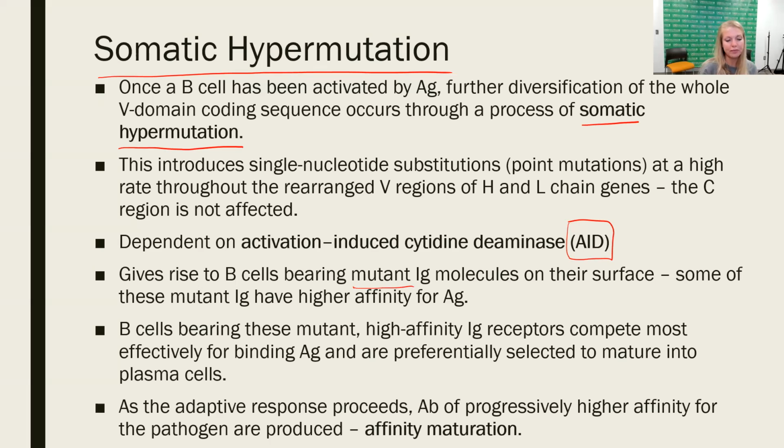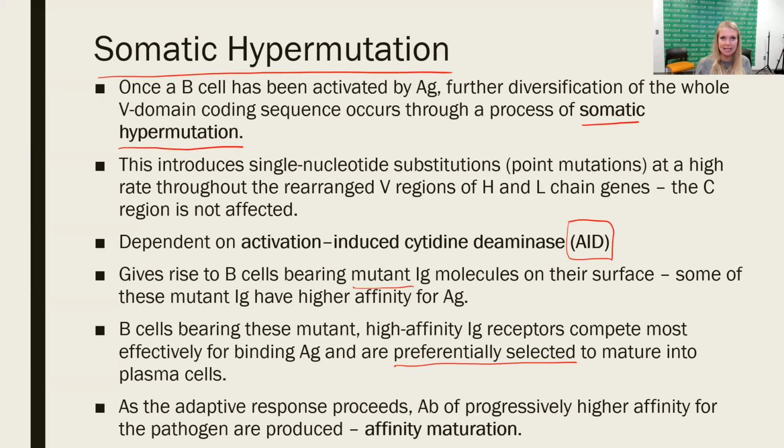They're going to change ever so slightly from that initial immunoglobulin that was made. Some are going to have a higher affinity because these slight changes in that variable region might make the immunoglobulin bind stronger to the antigen. Some might not. Some might have worse because of the change. So those B cells that have the best or the highest affinity immunoglobulin are going to compete and win because they'll bind stronger, and they are going to be preferentially selected for, meaning they're the ones that are going to be able to go on to the next step of adaptive immunity.